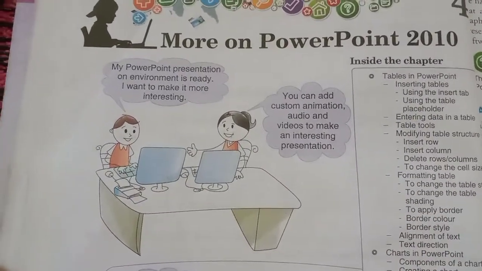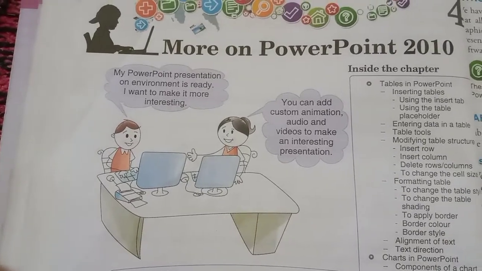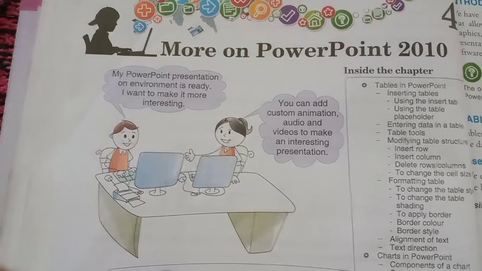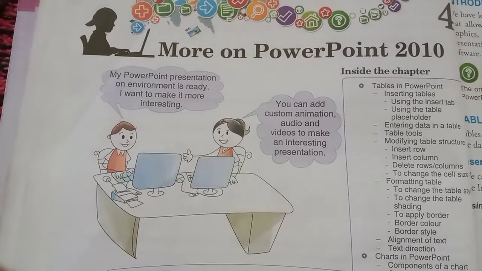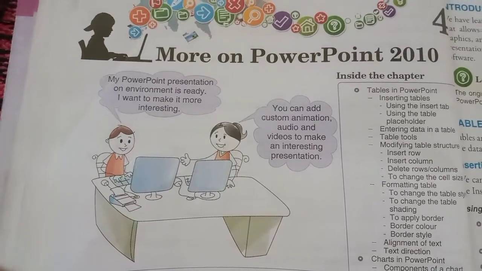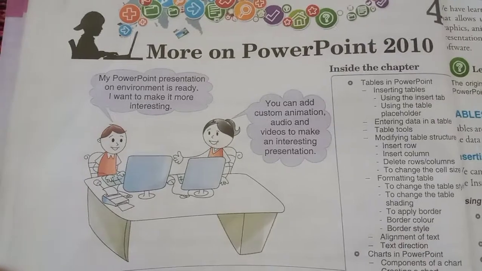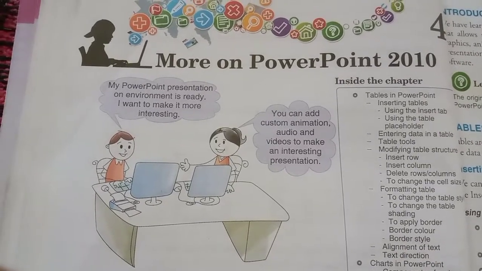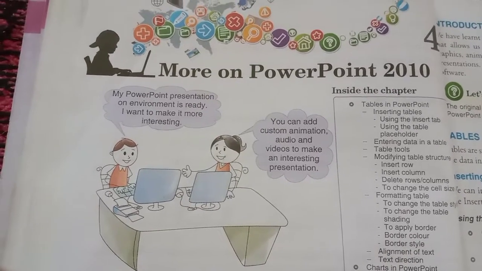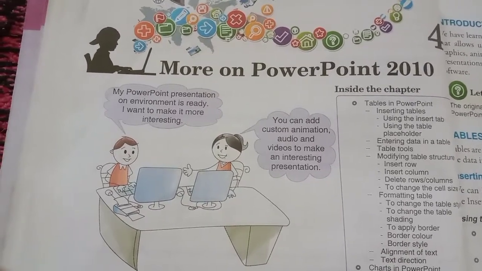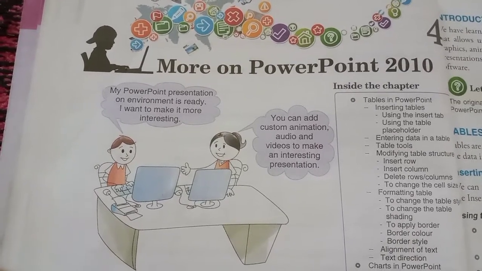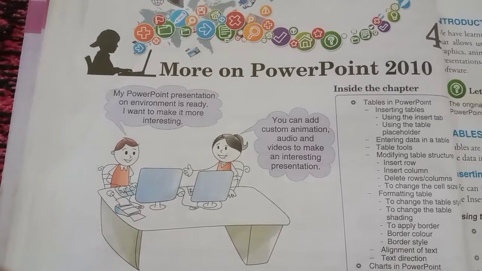Using the Insert tab: first, go to the Insert tab, go to the Table group, click on the Table command, and select the size of the table you want from the drop-down menu. Then an empty table of the same size will appear on the slide.